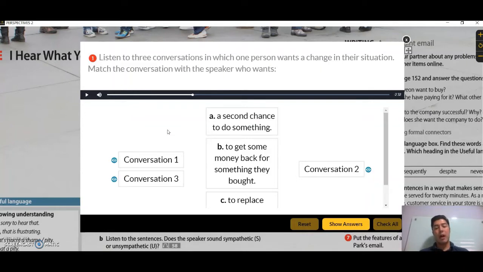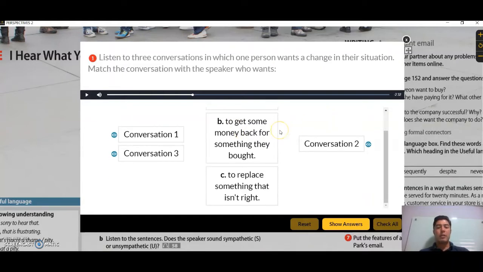So the seller gave him a PlayStation game. So what would be the correct answer? A, a second chance to do something. B, to get some money back for something they bought. C, to replace something that isn't right. What would it be?